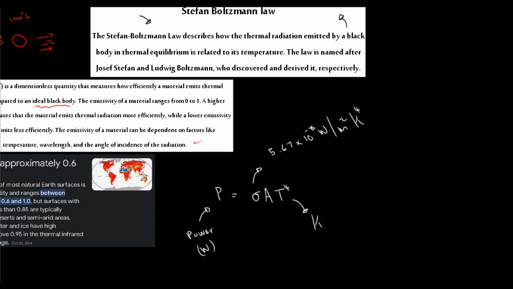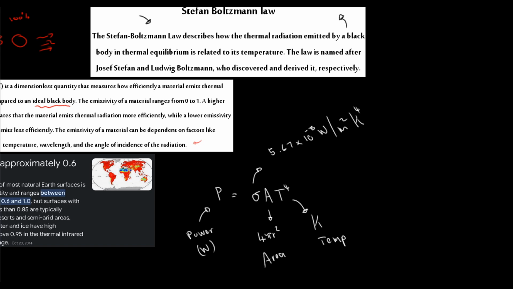Why is that? Because my Kelvins need to cancel out. And then we have our area of a spherical object. So the area can be rewritten as 4 pi r squared, which is the surface area of a sphere. Okay, of a sphere. So let's add area. T is for temperature. And now we just plug in our values and we can solve equations given.